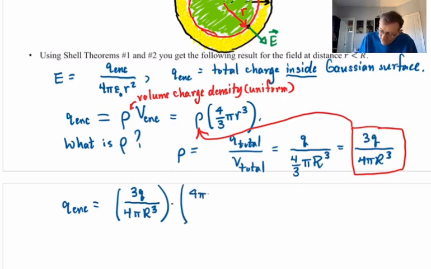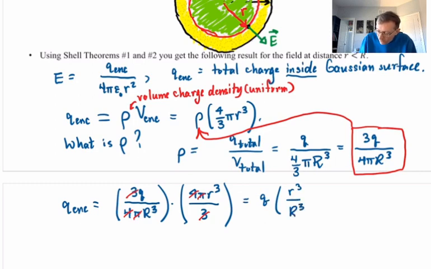Times 4 pi little r cubed over 3. Okay, big R in one place and little r in another. 4 cancels 4, pi cancels pi, 3 cancels 3. Nothing else cancels, right? So I'm left with q times little r cubed over big R cubed.